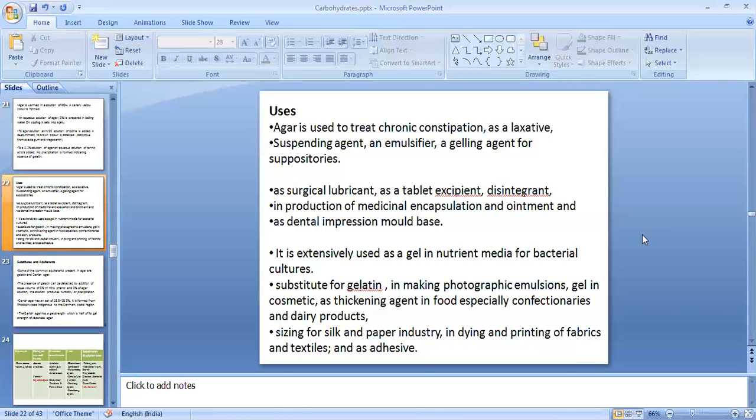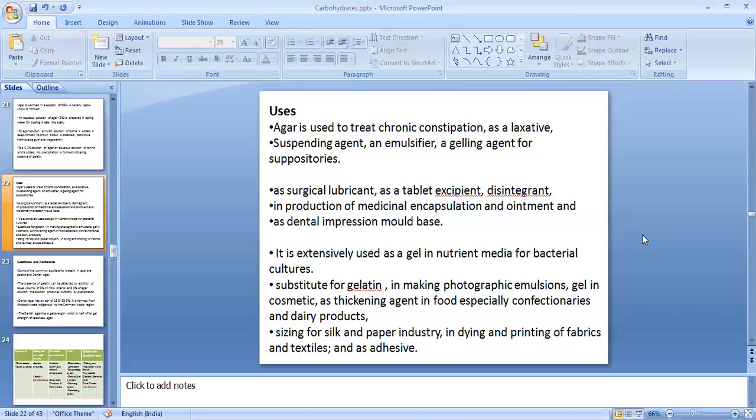Usually it is called a vegetable gelatin because it is used as a substitute for gelatin in making many preparations in the food industry. And also it is used in making photographic emulsions, gels in cosmetics, and as a thickening agent in the food industry, especially in the preparation of confectionaries and dairy products.